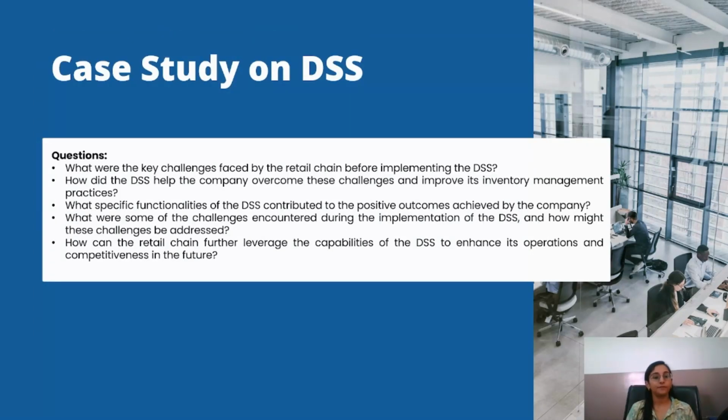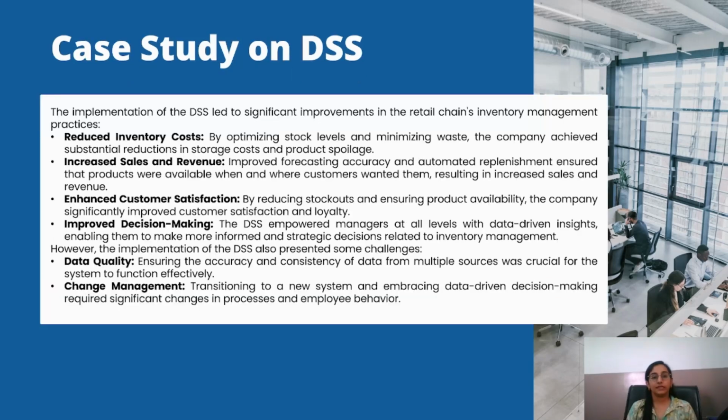Next question we have: how did the DSS help the company overcome these challenges and improve its inventory management practices? The DSS brought several key improvements, like data integration. It combined data from various sources like POS, warehouses, and market trends to provide a holistic view of inventory status and demand signals.